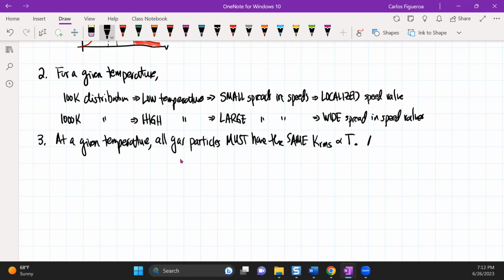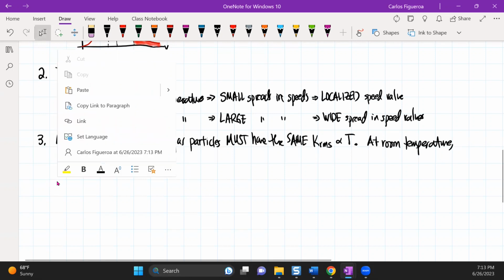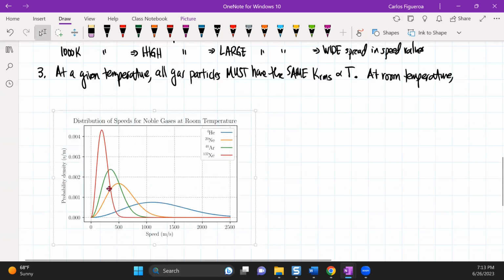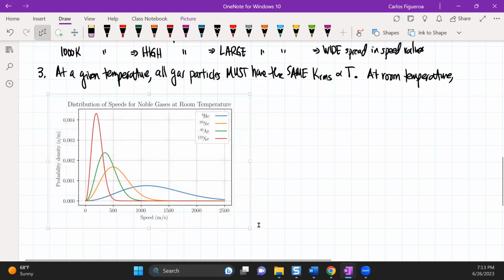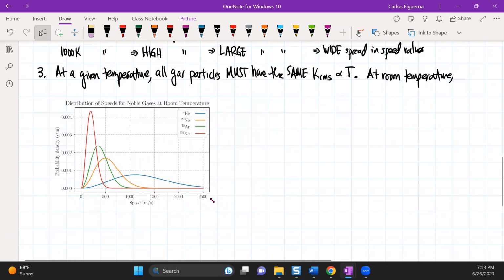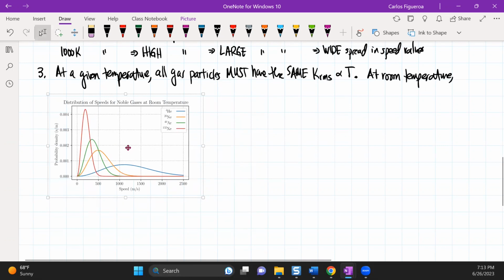So if you look at room temperature, and I'm picking room temperature because that's what I'm going to focus on, I'm going to show you this curve here. Let's see if I got the right curve. Yeah, this is my curve right here. So I'm going to make this a little bit smaller. So here's my curve.